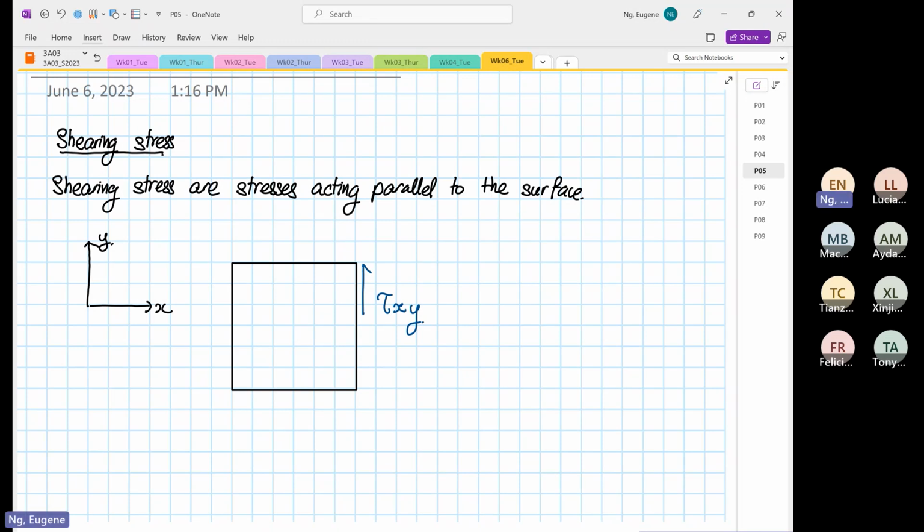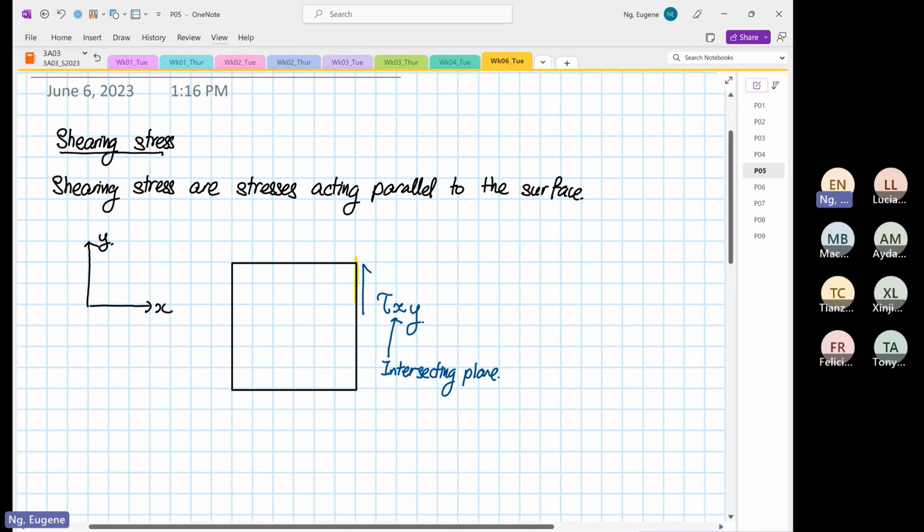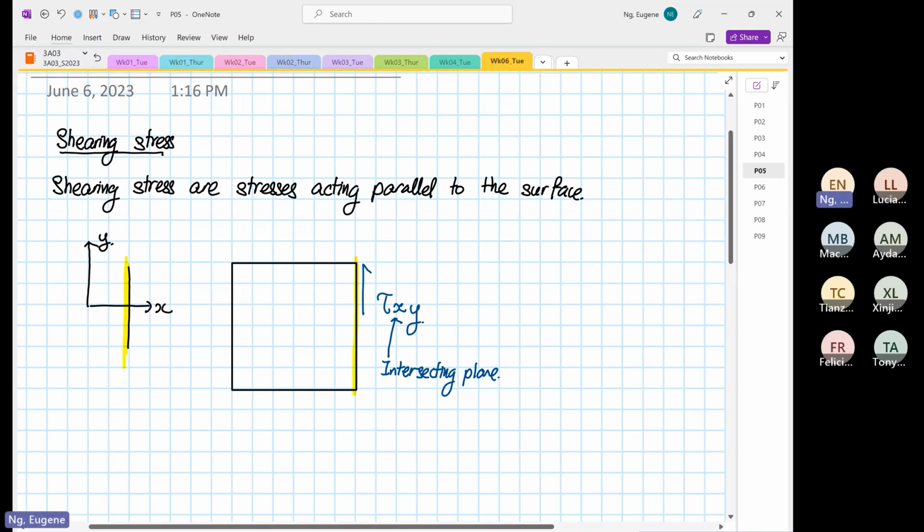Okay, the first x over here is the intersecting plane. Okay, let me elaborate what I mean. If you were to look at this plane that I'm shading in yellow, right, this plane happens to intersect the x-axis, yes or no? Right? So the first one is the intersecting plane.